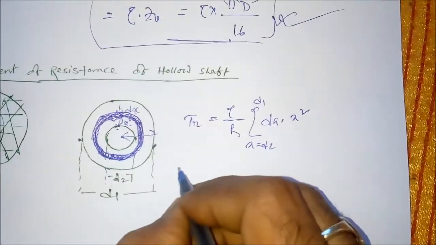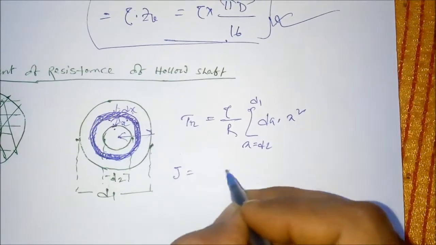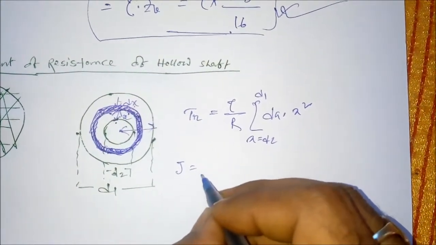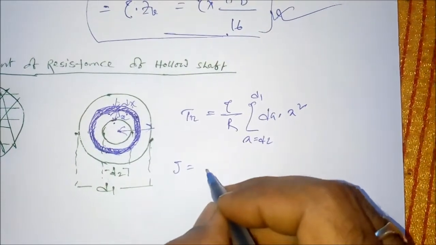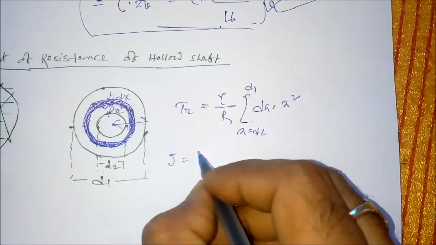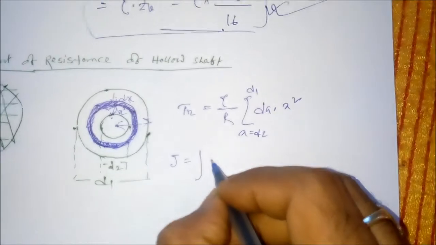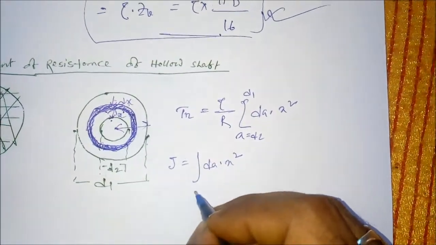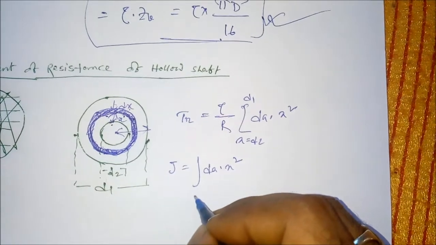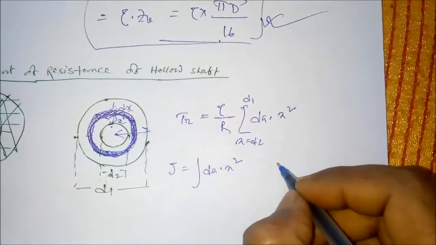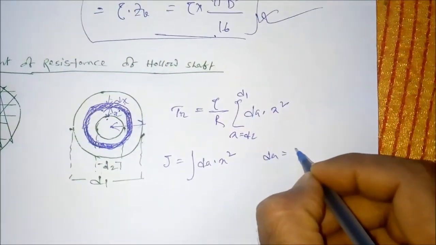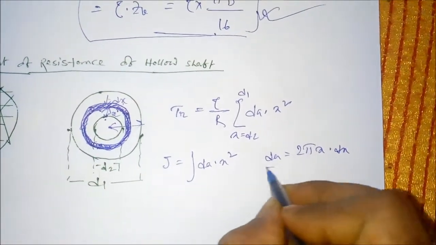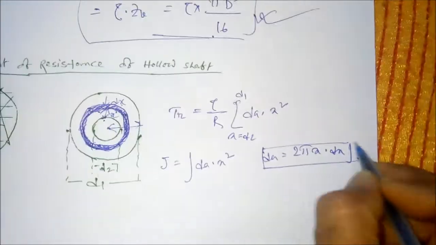Now similarly, the value J we got in the last class, the value of J, was the integration of dA into x squared, where dA was equal to 2 pi x dx, like the previous one.